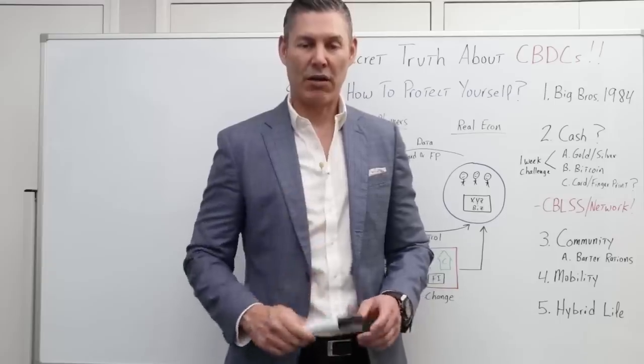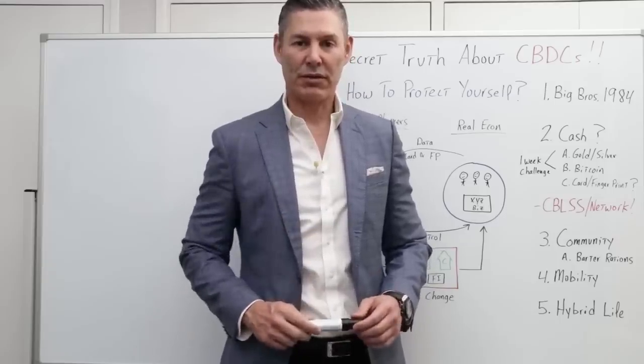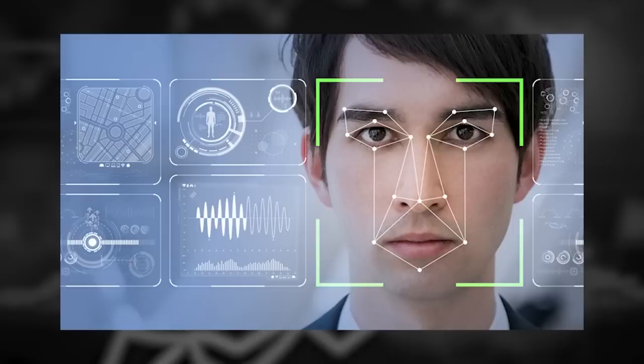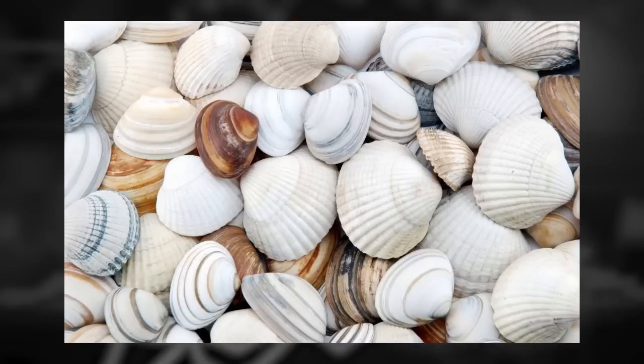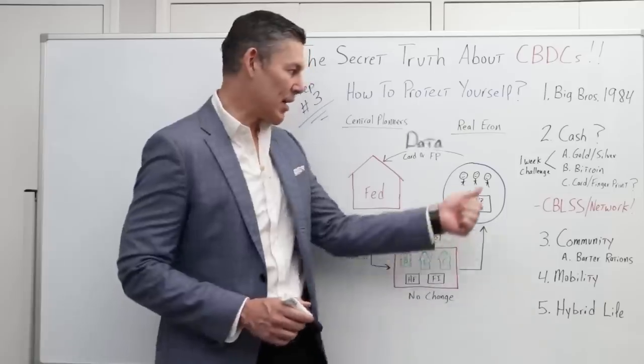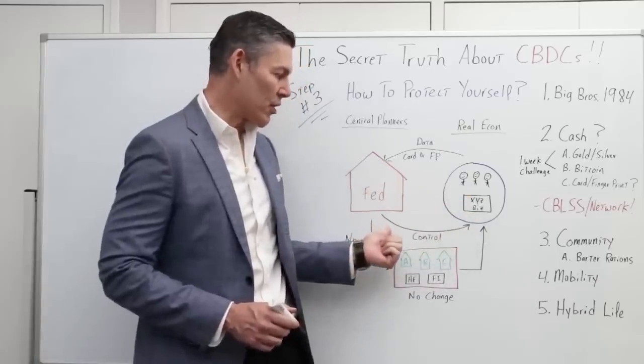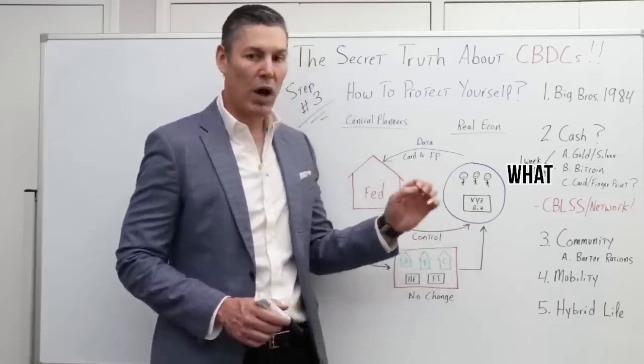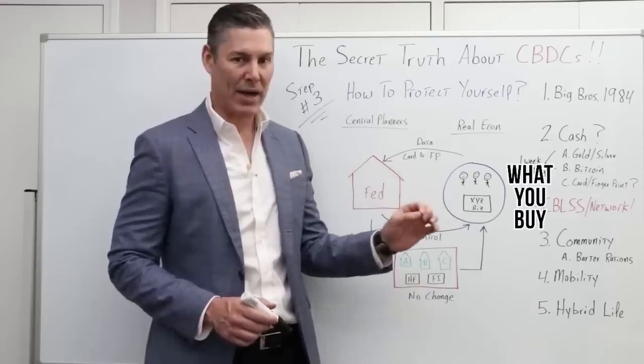Great, we got it. What can I get you for lunch? So obviously, if they have your fingerprint or if they have your facial recognition, you could pay in seashells. It doesn't matter. That data is still going to go to the Federal Reserve, and they are going to be able to control what you buy.